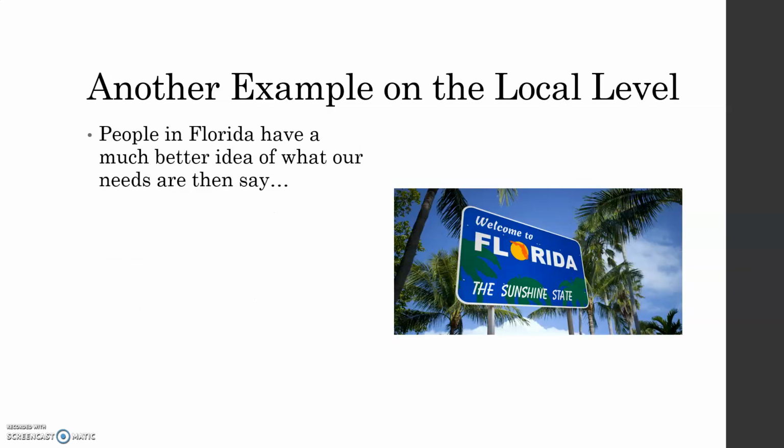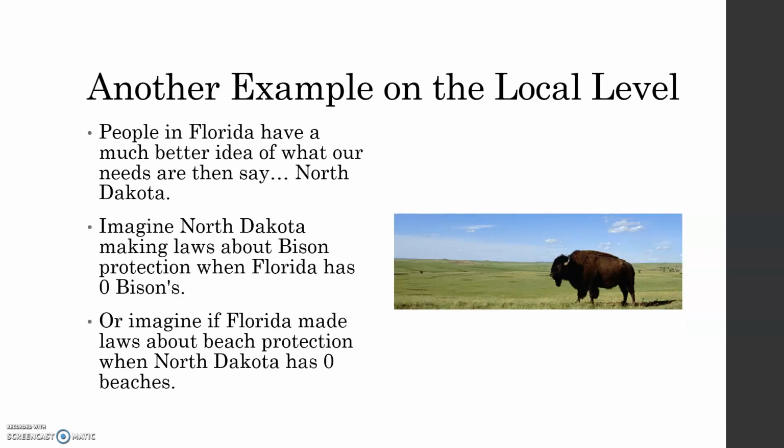But it also makes sense to give certain things to local governments. Because ultimately, at the end of the day, people in Florida have a much better idea of what the people of Florida need than North Dakota. Imagine if North Dakota was making a law to protect the bison, which would be a great law, and I'm sure the people of North Dakota would really care about that.